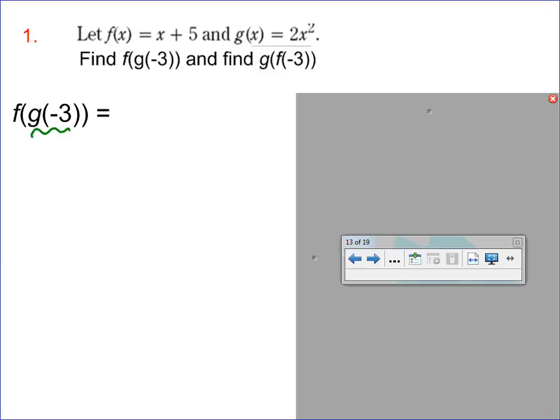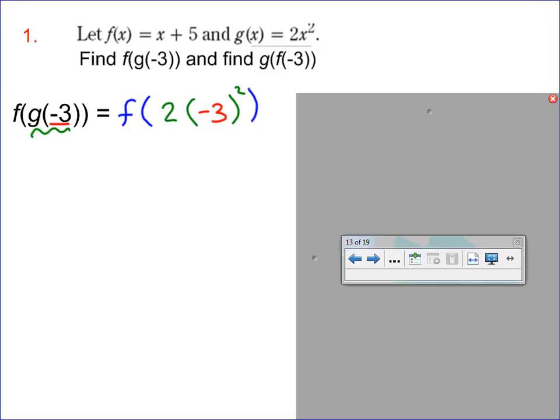So I'll do f of, and let's do g of negative 3 in green. I'll go to G's rule, 2 times input squared, and in G's rule, I'm going to plug in the x value, negative 3. So look, we're working from the inside out. I still have f of g of negative 3.